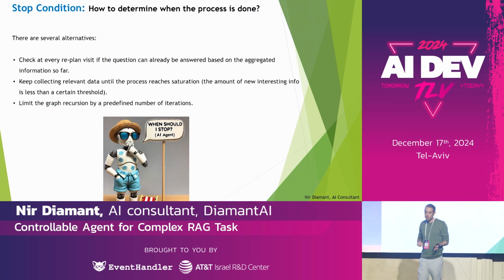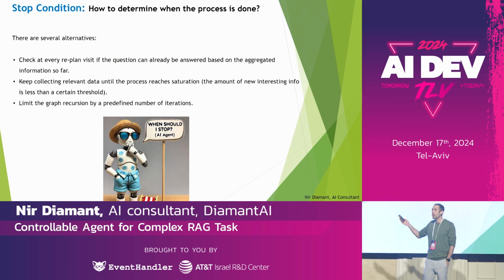The two other options: the second one is to keep collecting relevant data until we get some kind of saturation, where we don't have any new interesting information added by the agent. And lastly, we can limit the graph recursion by some kind of predefined number of iterations.